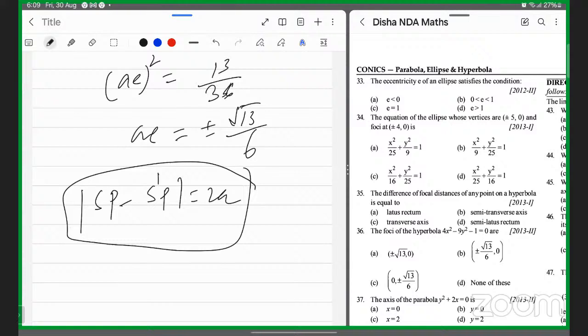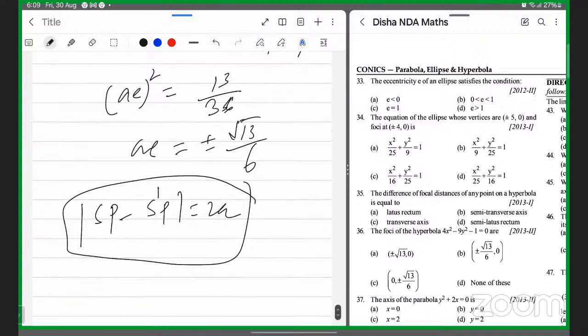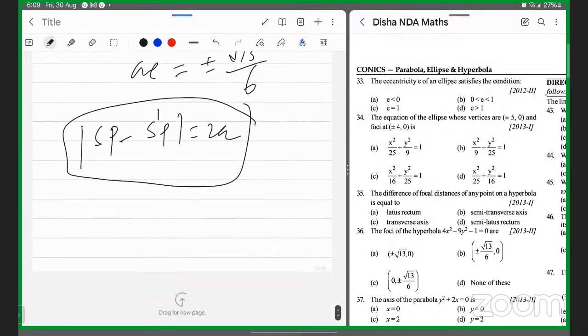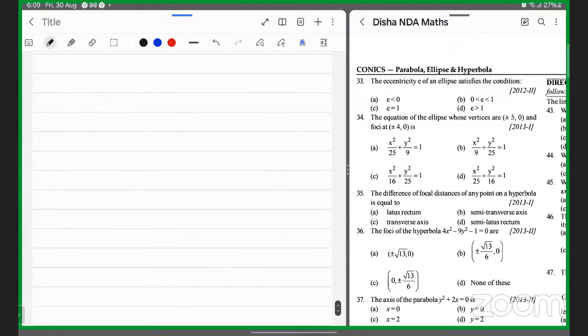The transverse axis is 2a for horizontal, understood? Right? Any problem? So 34, solve it, hurry up.